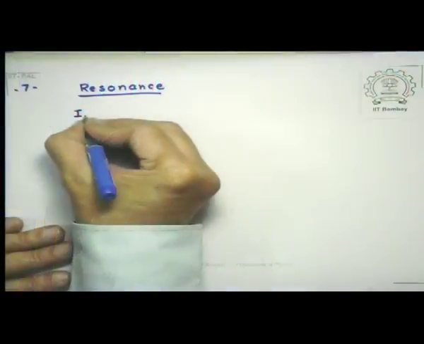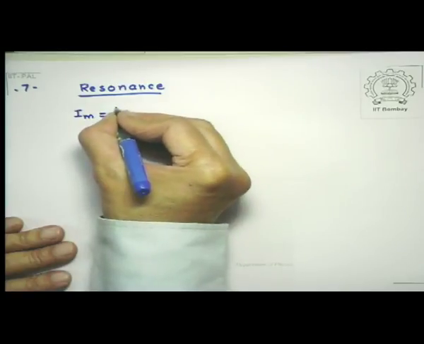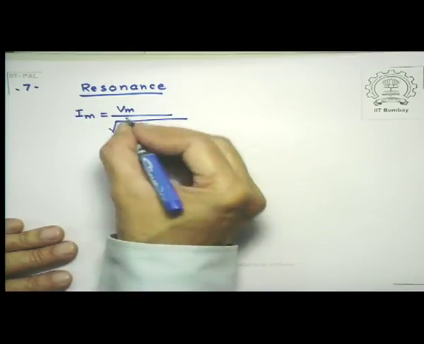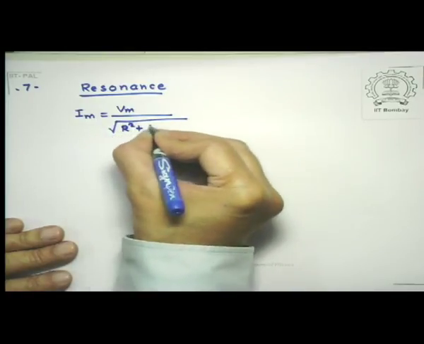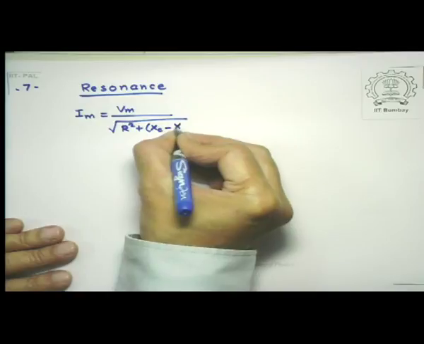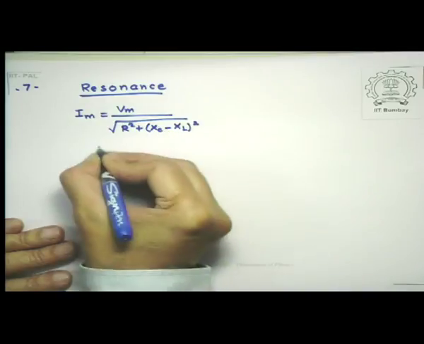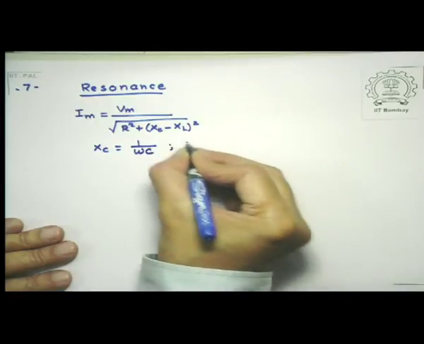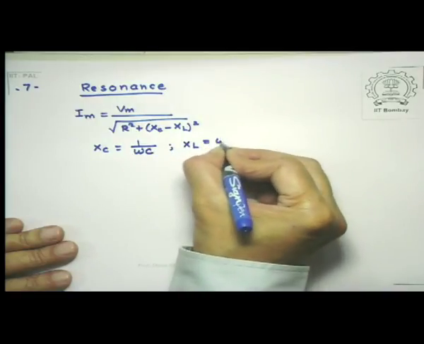This phenomenon is called resonance. So, let me look at what the properties of this resonance are. I maximum is Vm divided by square root of r square plus xc minus xl whole square, where xc is 1 over omega c and xl is omega times l.